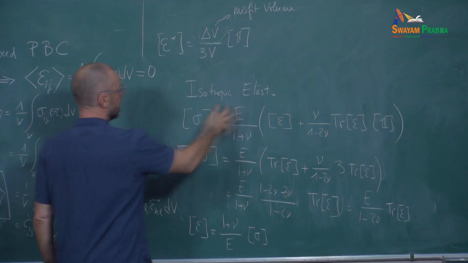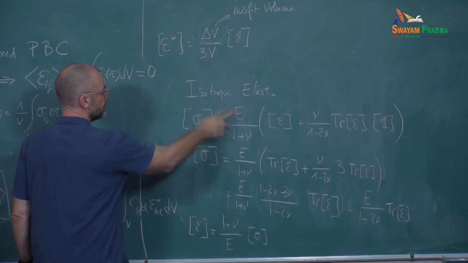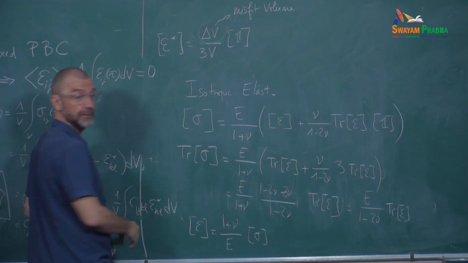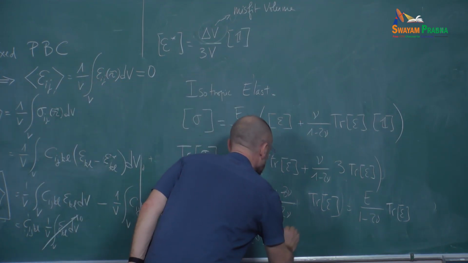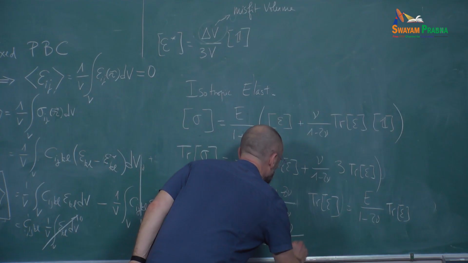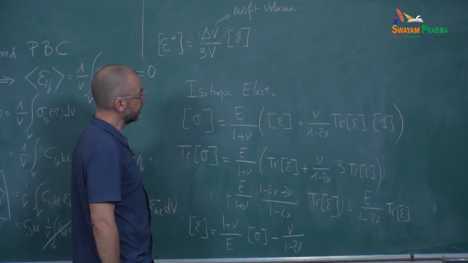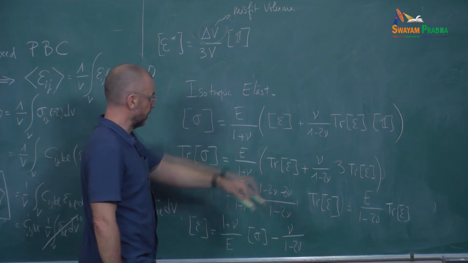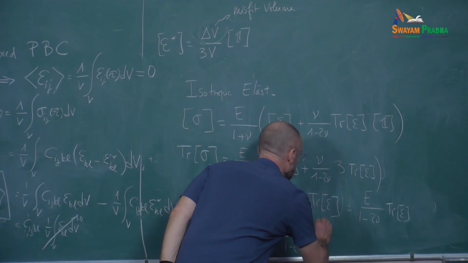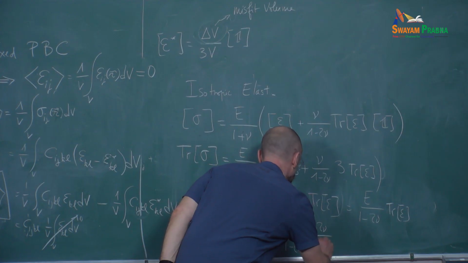I take this term and put it on the other side. So 1 plus nu over E times sigma minus nu over 1 minus 2 nu. And I have trace of epsilon, but trace of epsilon is 1 minus 2 nu over E.